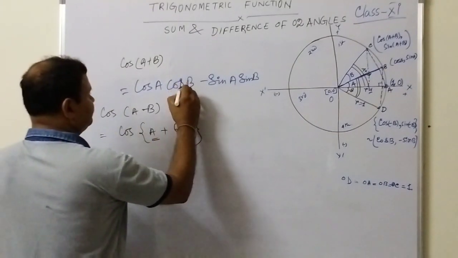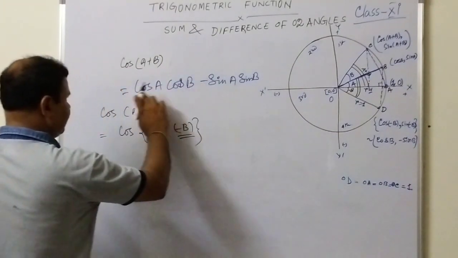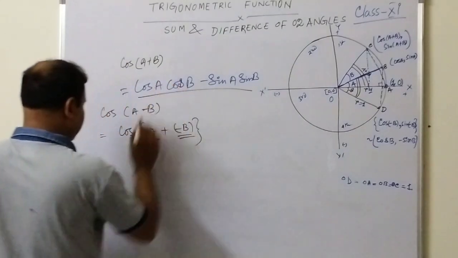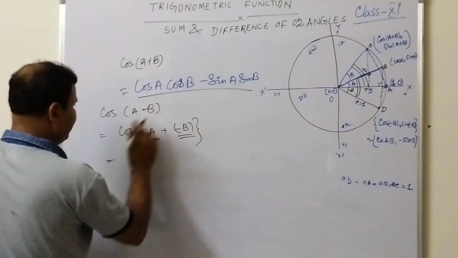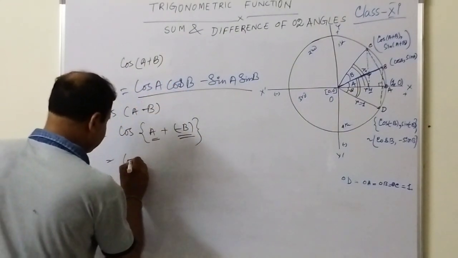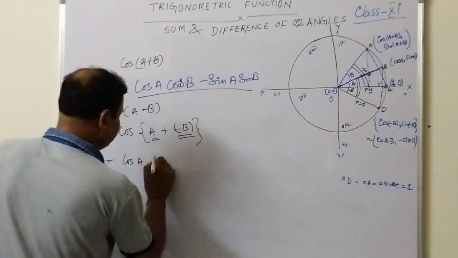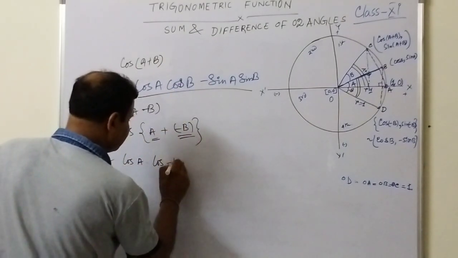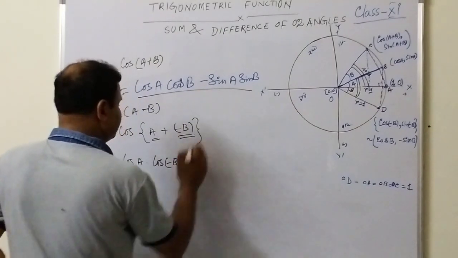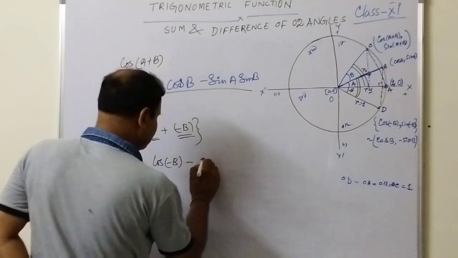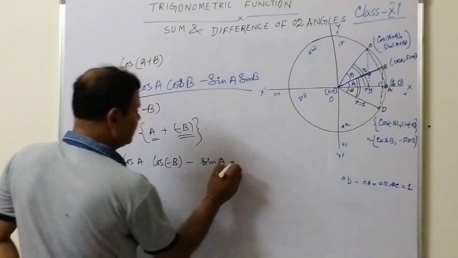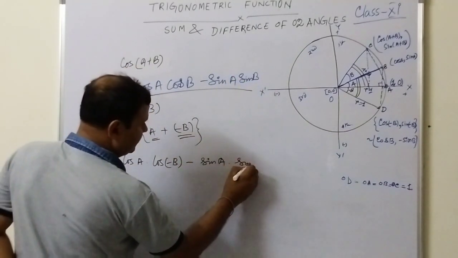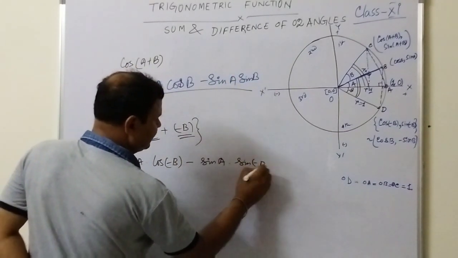So from this formula we will rewrite it like this. This is A, so it simply writes cos A. And in place of cos B here, in our case it is cos minus B. And this is minus sin A, and sin B is, in our case, sin minus B.